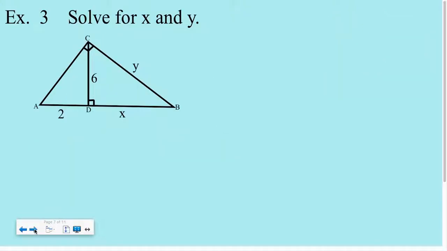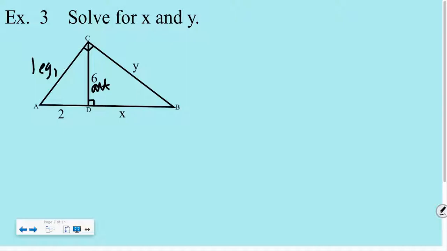Okay. So we're going to try the first example together, example 3. We're going to start by labeling the triangle. Which value here would you call the altitude? 6. Good. So write altitude by 6. What about leg 1? What do you want to call leg 1? I don't have a value there, but it would be the length of AC, so I'm just going to label it just to get practice. What about leg 2?